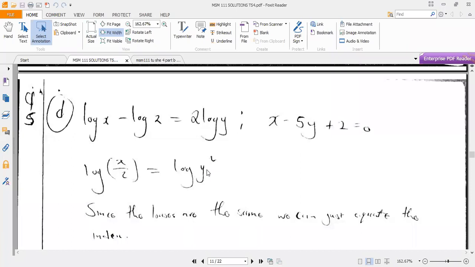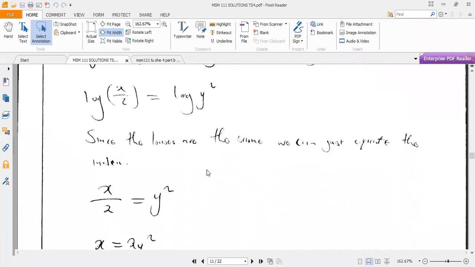So you can easily equate them: x over 2 is equal to y squared, right? So now you have noticed that we have equated those two arguments, isn't it?